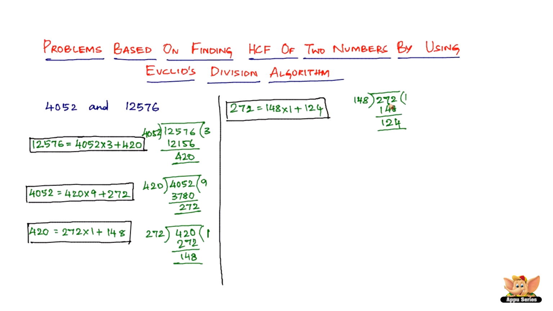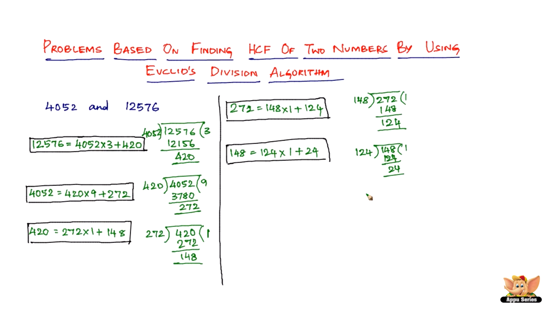Now again, the remainder becomes the divisor and the divisor becomes the dividend. So 124 goes one time in 148, and the remainder is 24. So writing this, we have the dividend 148 equals the divisor 124 times 1 plus the remainder, which is 24. By this, we are satisfying the Euclid's division lemma. We're also using Euclid's division algorithm to solve the problem.